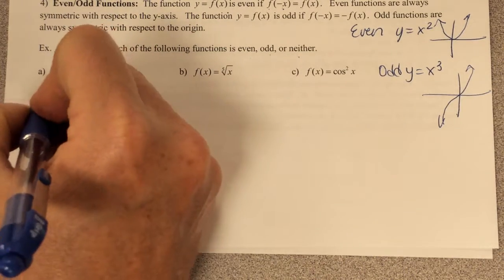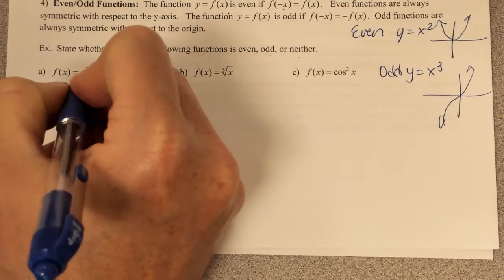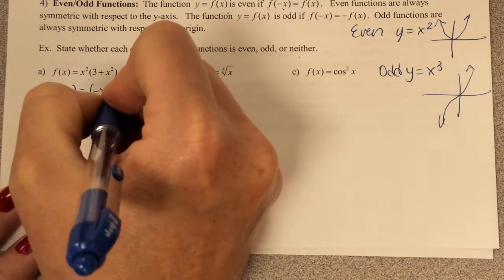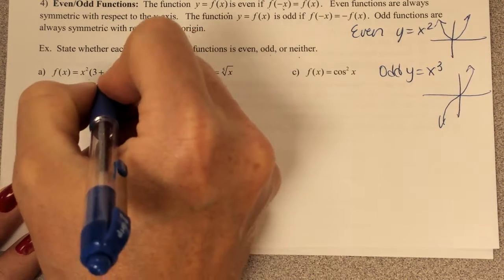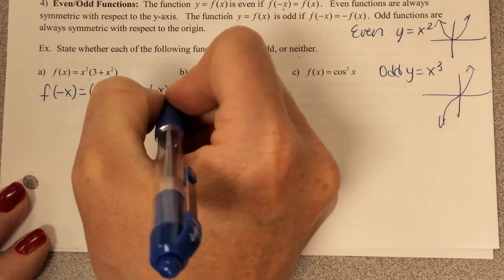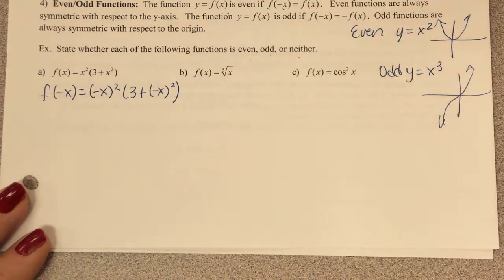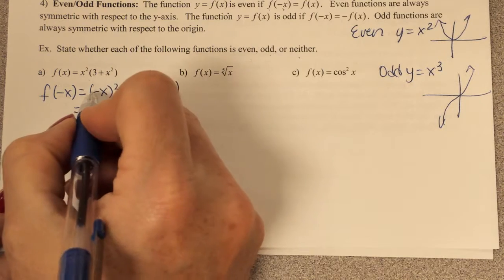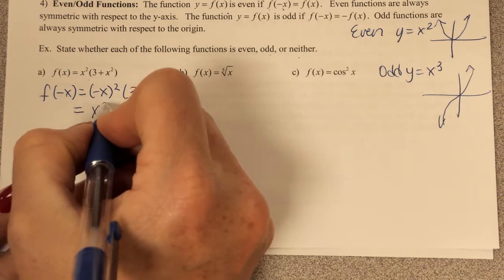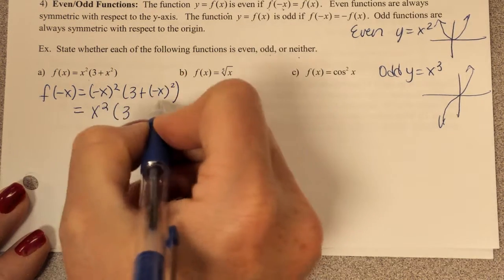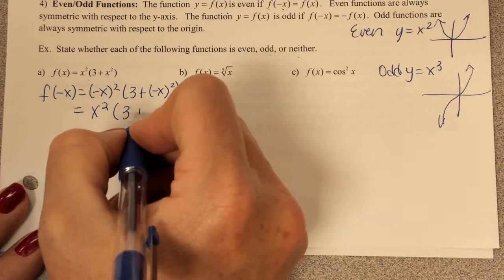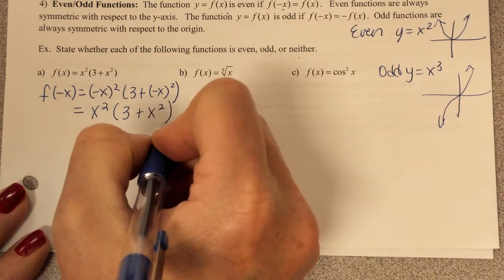So I'm going to do f of negative x on this one. Here's an x, replace with negative x. Here's an x, replace with negative x. So now, evaluating this. If I have a negative x squared, that turns into a positive. I have another negative x squared, that's going to turn into a positive.